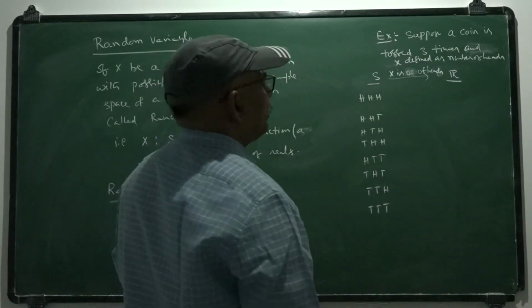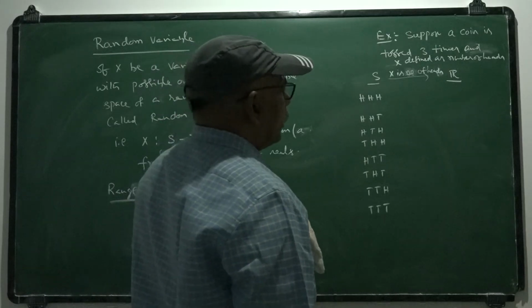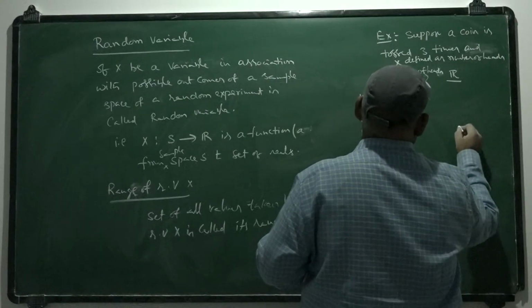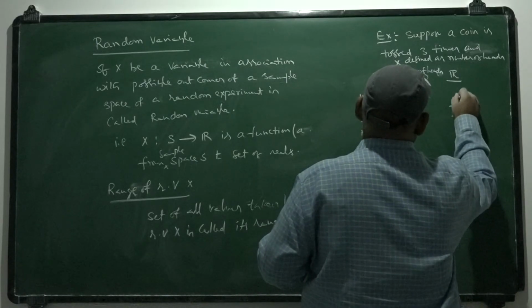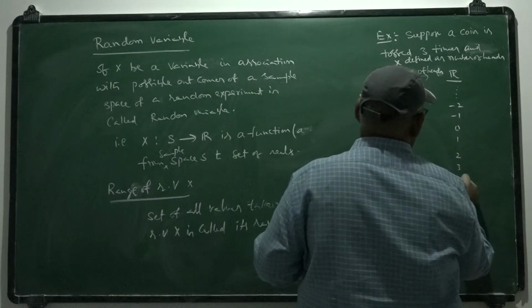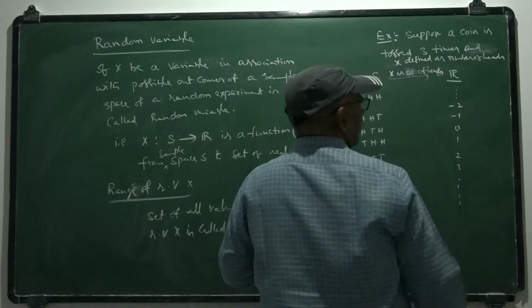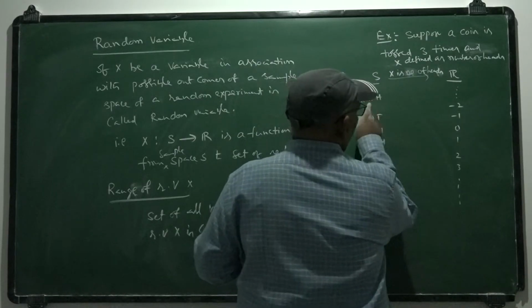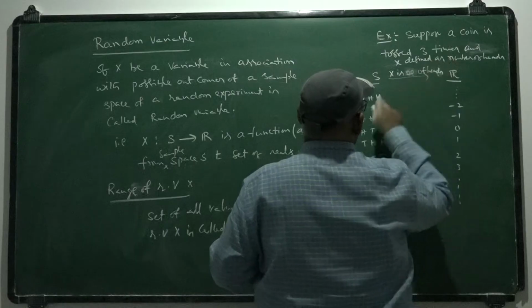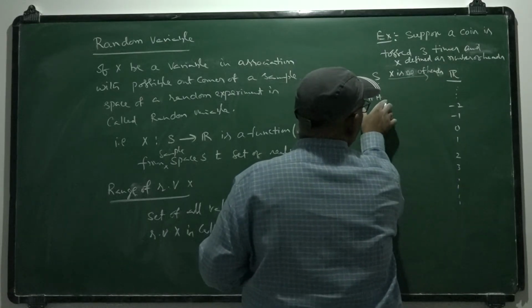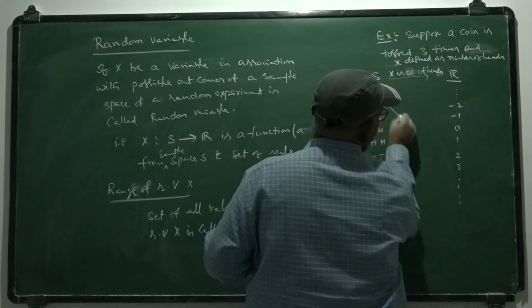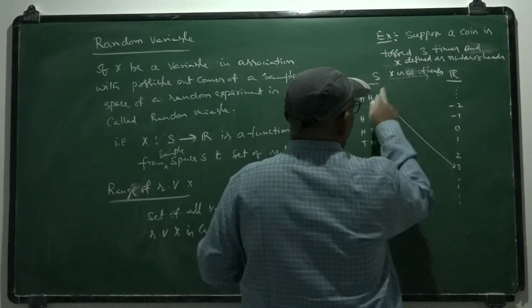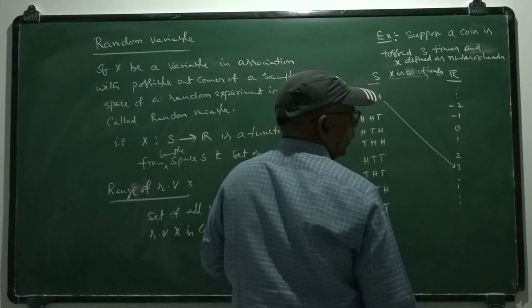The set of real numbers contains elements like 0, -1, 1, 2, 3 and so on. This possible outcome, HHH, contains 3 heads, hence X takes the value 3. X maps this one to 3.